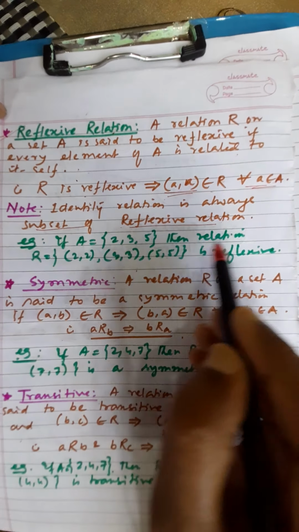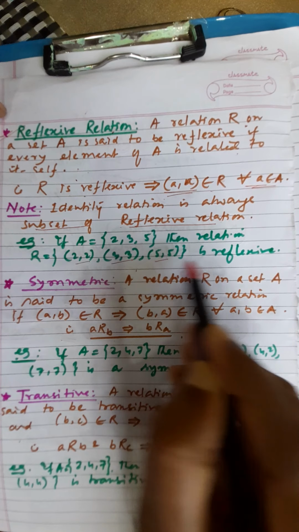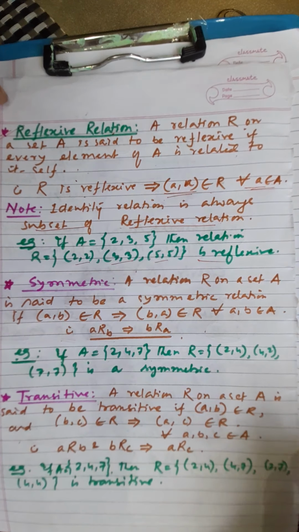If A = {2, 3, 5}, then the relation {(2,2), (3,3), (5,5)} is a reflexive relation. Next, the symmetric relation. What is symmetric?